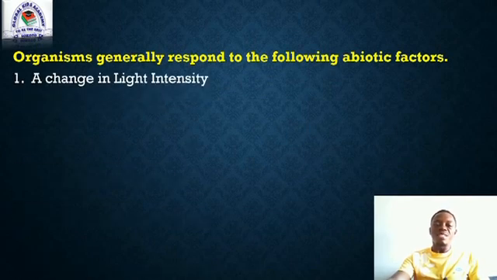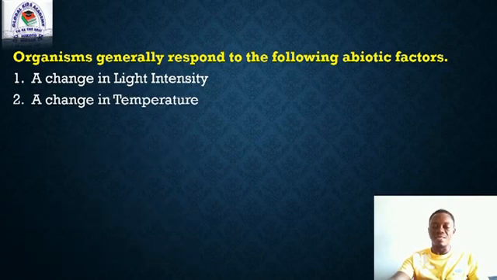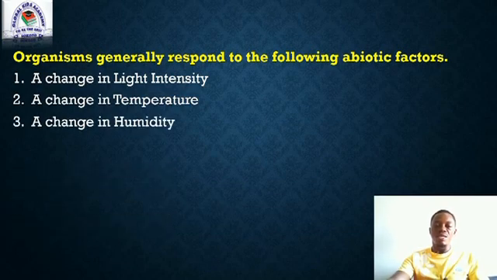Now, organisms generally respond to the following abiotic factors. One of the abiotic factors is a change in light intensity, a change in temperature, a change in humidity. Humidity is the moisture content of the atmosphere, the amount of moisture present in a particular place.